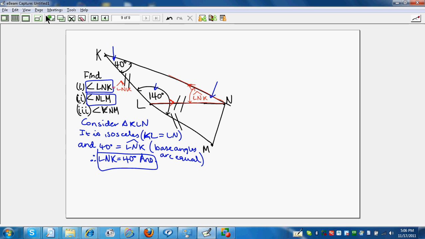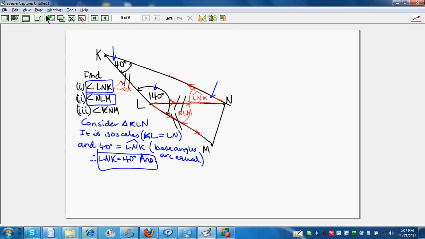Angle NLM will be go from N to L to M, which means go like this and then come down this side. N to L to M. That's what it means. Okay? So the angle they're talking about that they need us to find is this one here. That will be the angle NLM.